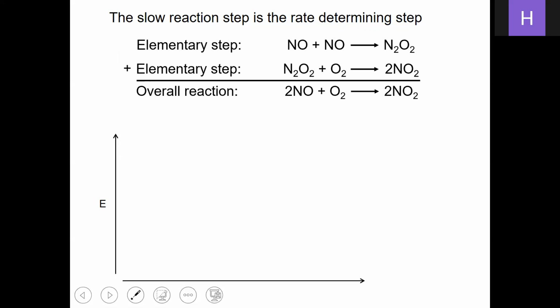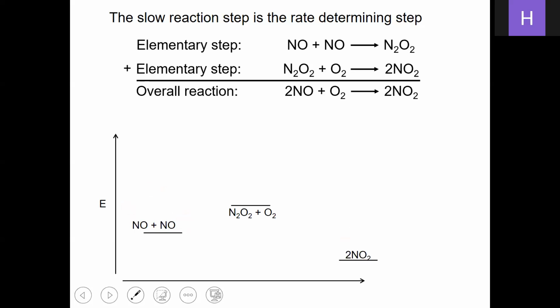A reaction coordinate diagram always shows a shelf that has reactants on it and a shelf that has products on it. But I know the mechanism here, so my reactants shelf is actually just the reactants of my first elementary step. My products shelf is the final products of my reaction.